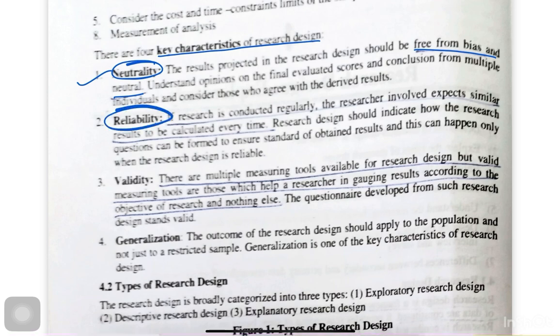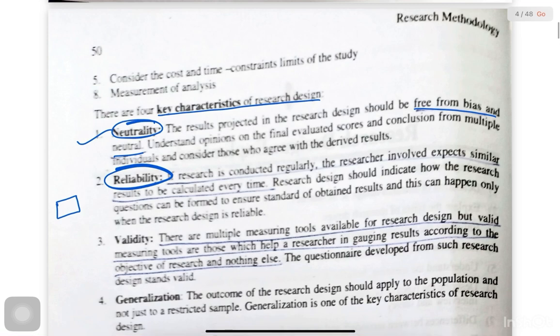Second is reliability. If the research is being conducted regularly, the researcher expects similar kinds of results to be calculated every time. So reliability is basically the generalization of the results. For the whole chapter, we'll consider the example of the impact of job satisfaction on the performance of the employee, right?